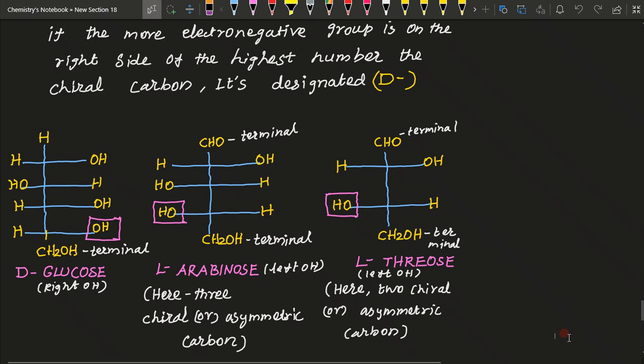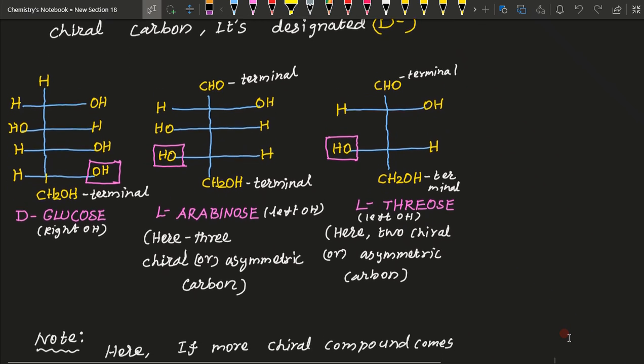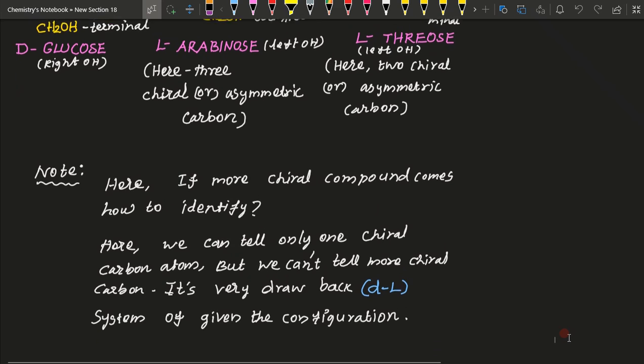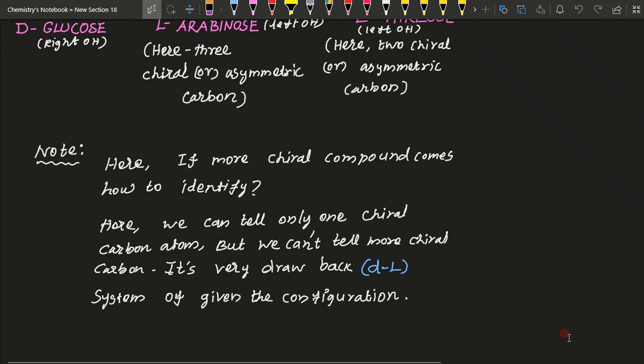Note, if a compound with more chiral carbons comes, to identify it we can tell only one chiral carbon atom in this projection, but we can't tell more chiral carbons. It is a big drawback of the DL system of giving the configuration.